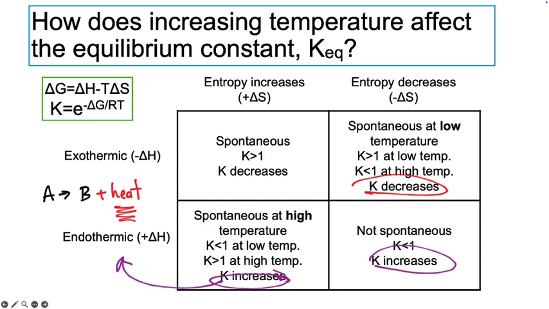It wants to navigate away from that stressor. By doing what? By increasing the reverse reaction rate. And if my reverse reaction rate gets larger, what happens to my K?